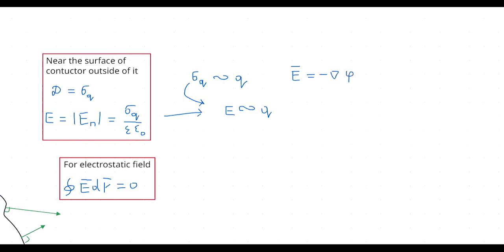So from here we can conclude that electrostatic potential is proportional to electric charge on a surface of isolated conductor.